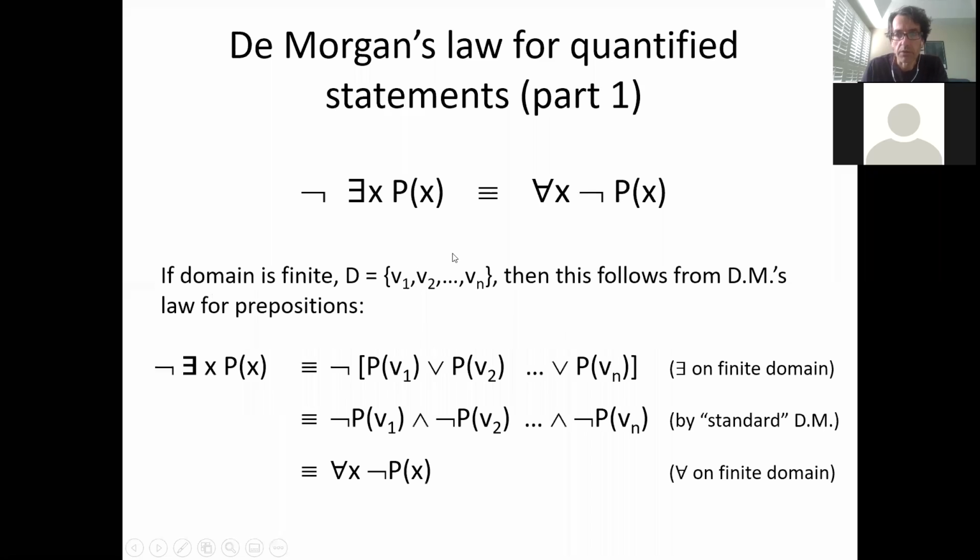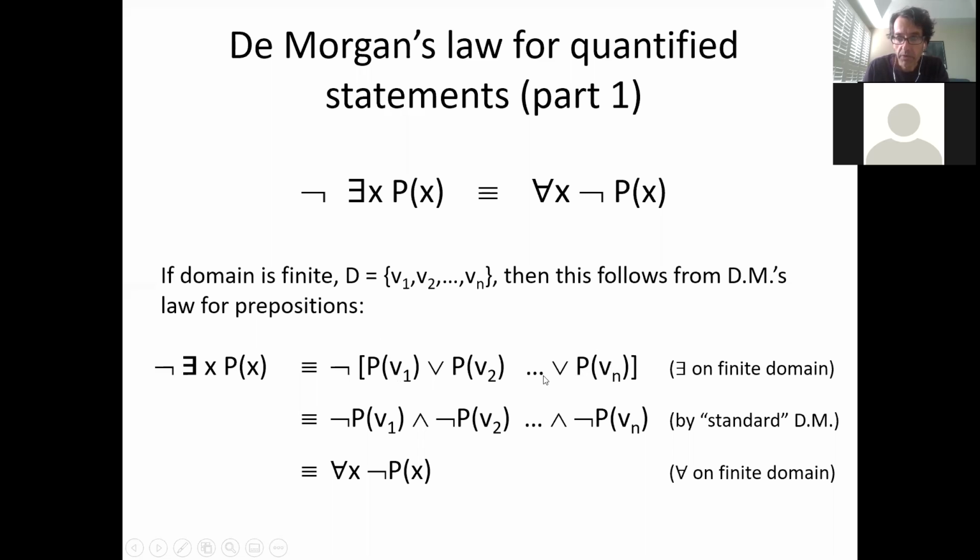It's nothing new, so to speak, because if you think of enumerable domains, then an existentially quantified expression is implicitly a big disjunction. What does it mean that there exists X which satisfies P of X? It means that P is satisfied at V1 or at V2 or at V3. At one of these, it is satisfied. And to say that this is not true is to negate this disjunction.